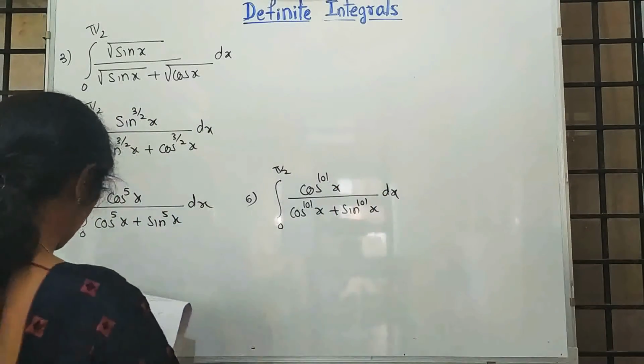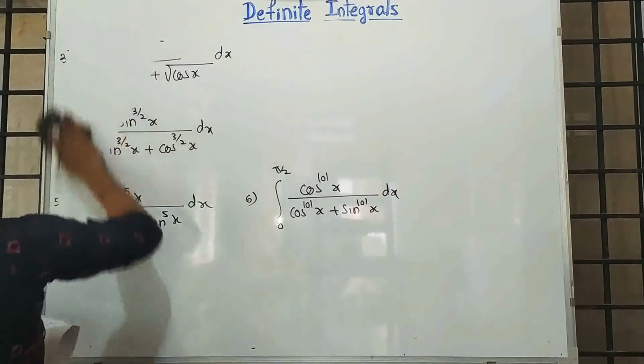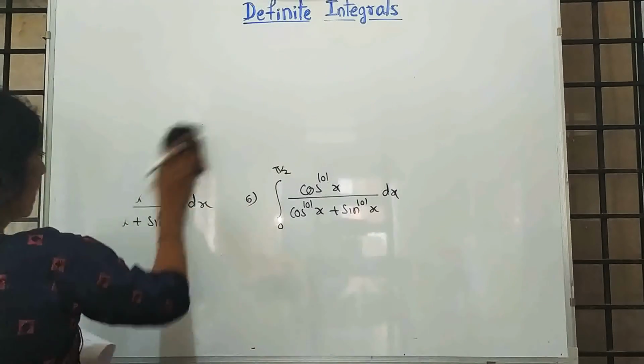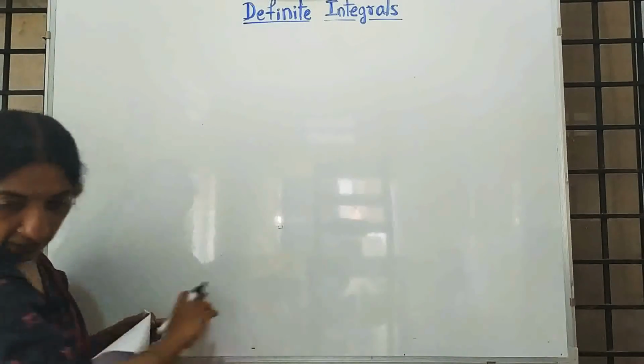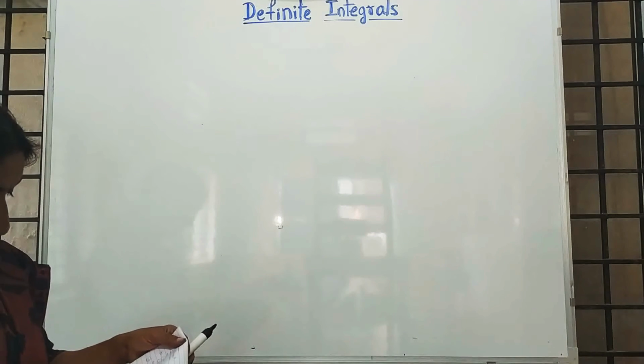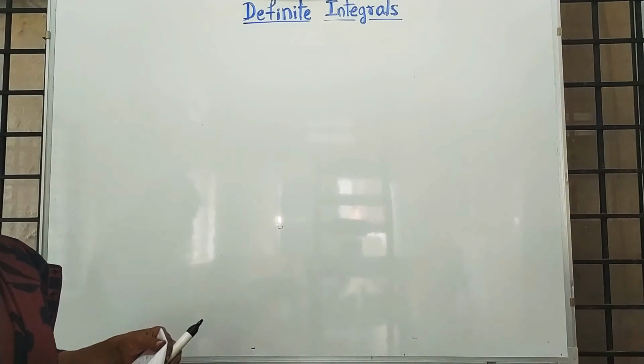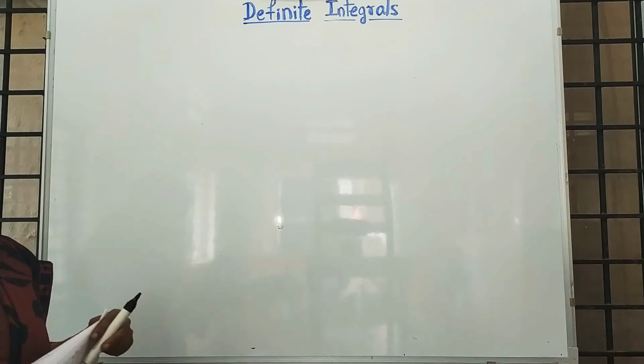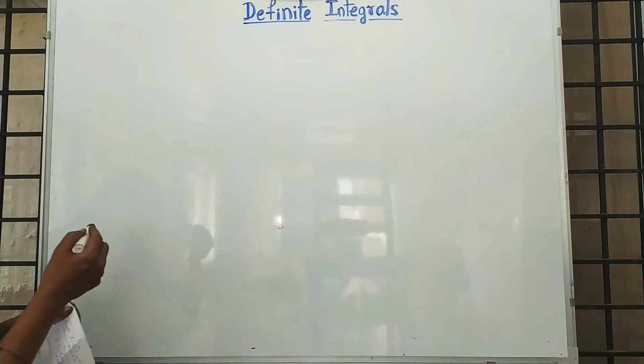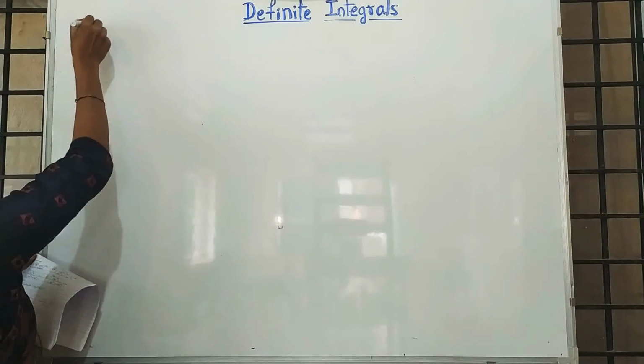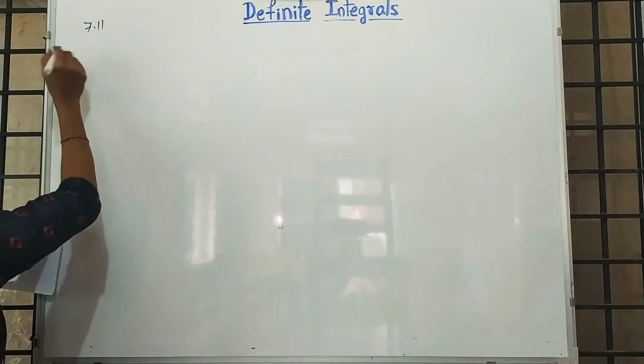Moving to the next question, an important question. It is from the NCERT exercise. NCERT exercise, first one completed, second completed, third and fourth completed. Now I am giving you the 10th, NCERT 7.11. This is the 10th question.